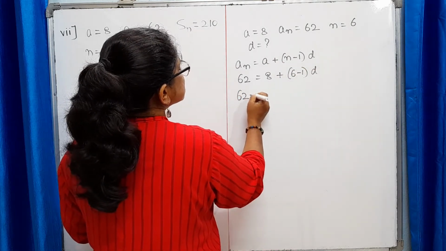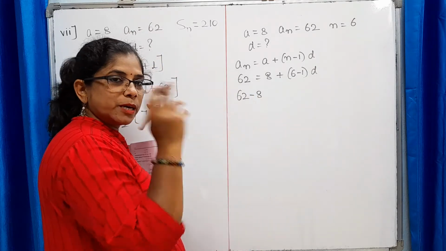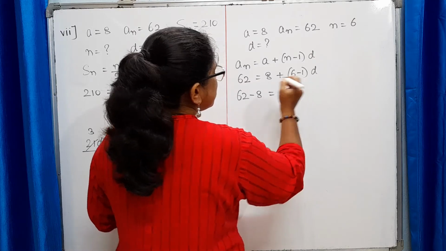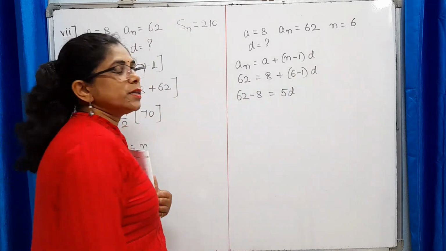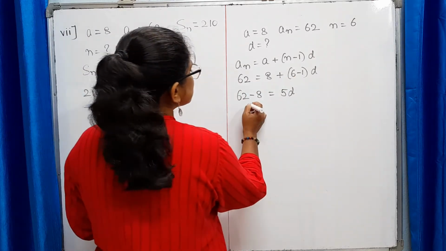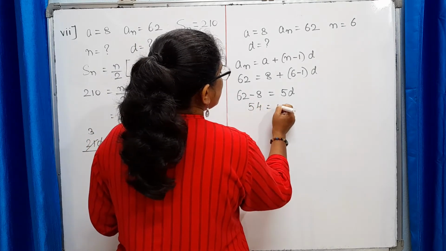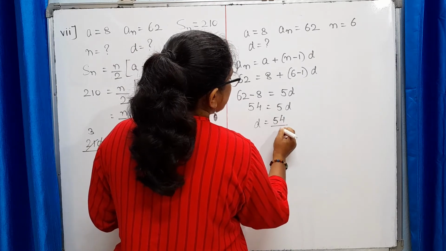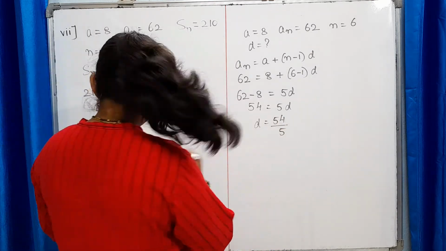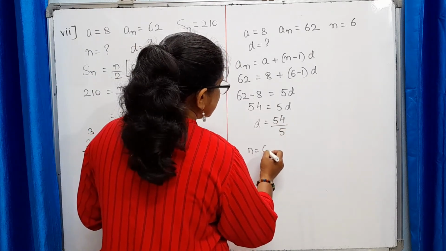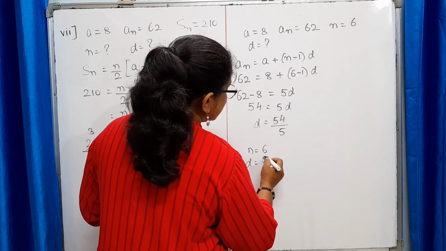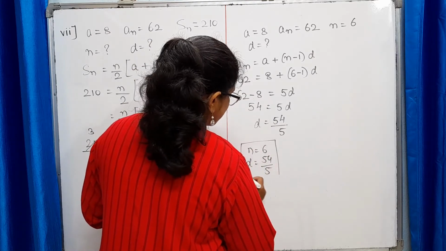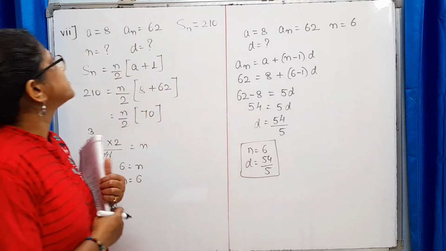Let us shift this 8 to the LHS. It becomes 62 minus 8 is equal to 6 minus 1, which is 5, into d. 62 minus 8 is 54. So 54 is equal to 5d. So what is our d? It's nothing but 54 upon 5. So what is asked here? N is equal to 6 and d is equal to 54 upon 5. Sum is done. It was quite a simple sum.